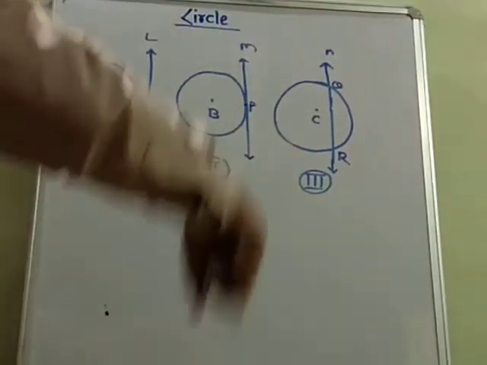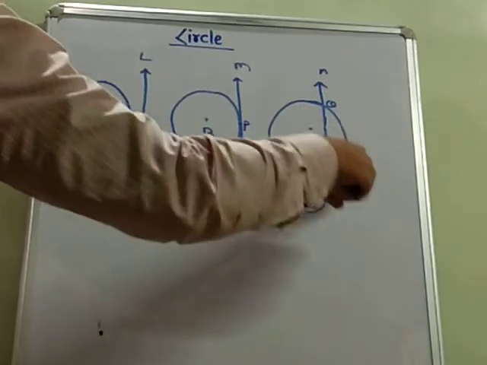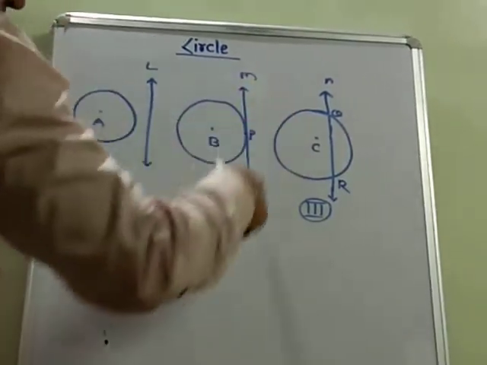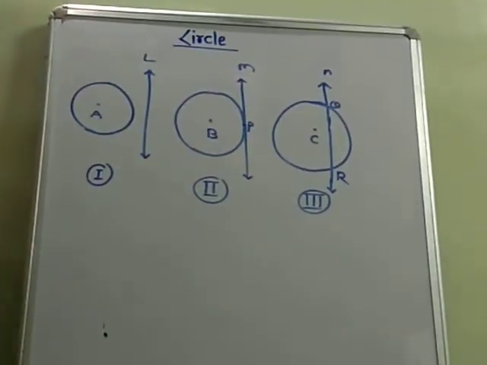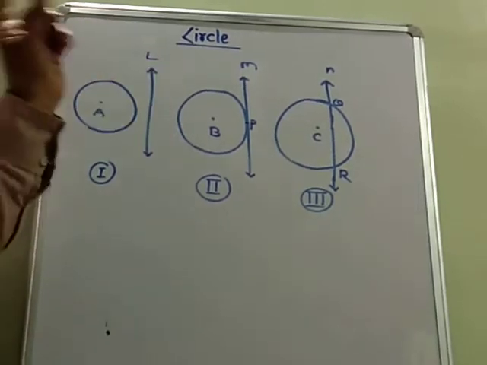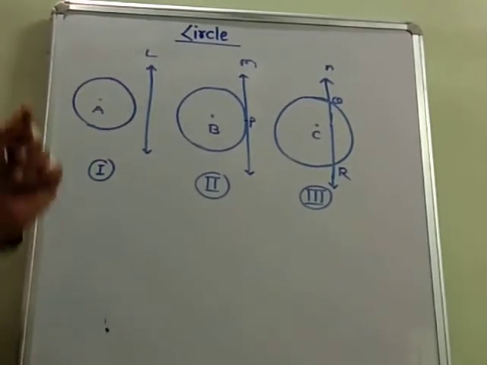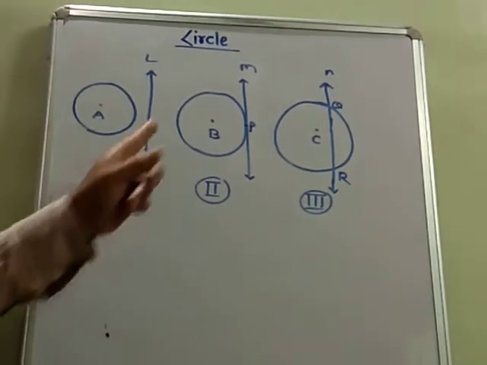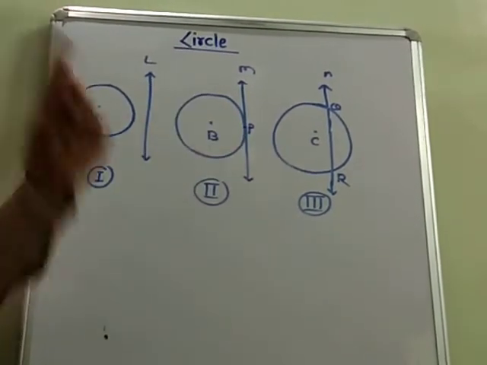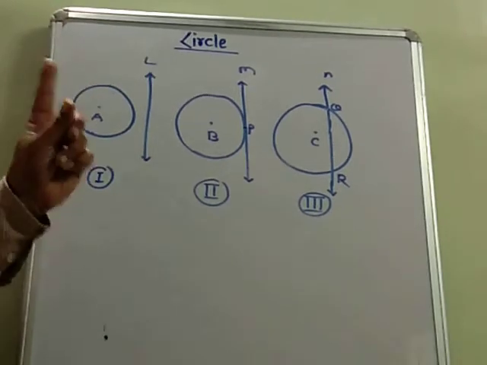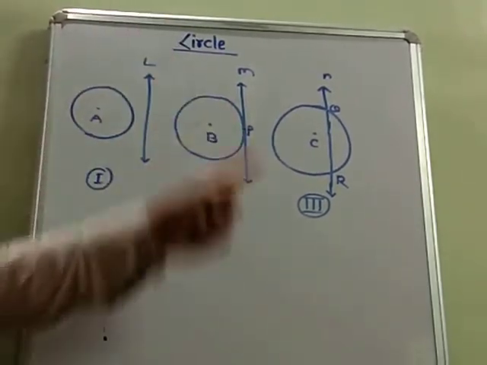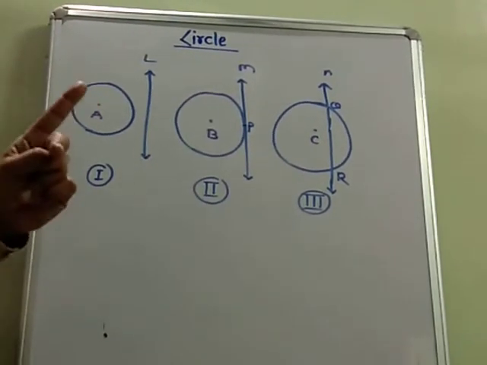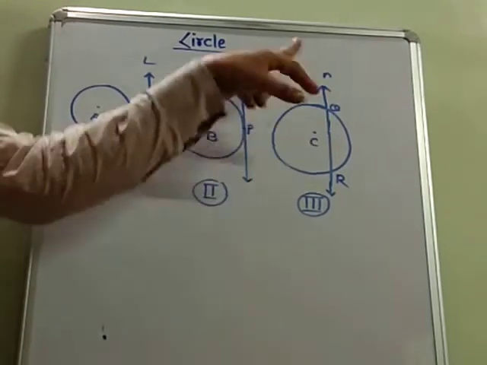Line N is the secant of the circle, and line M is a tangent. What is the difference? In a tangent, only one point is common between the circle and the line, and in a secant, two points are common between the circle and the line.